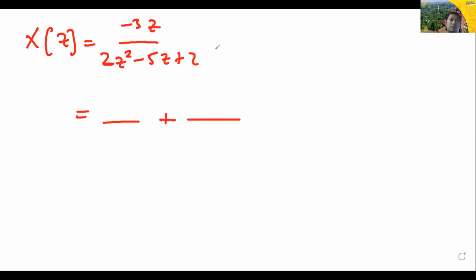First, we factorize this one, so it becomes 2z.